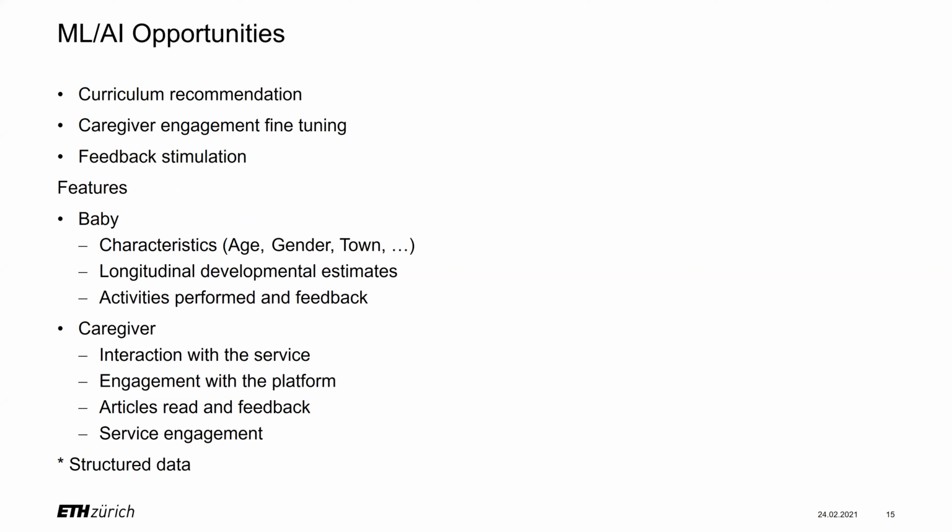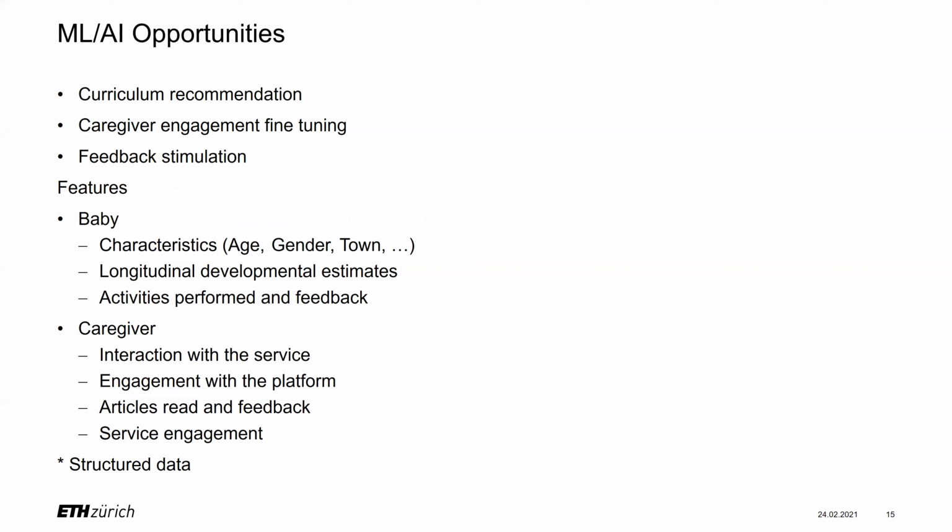By curriculum, we mean the sequence of articles and the sequence of activities that we serve to the caregivers. And we could also improve the feedback or stimulate better feedback from the caregivers.